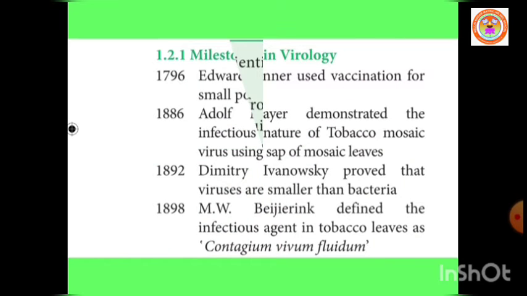There are some other milestones. In 1796, Edward Jenner used vaccination for smallpox. He was the first person who coined the term vaccine. He used vaccination for smallpox caused by viruses.